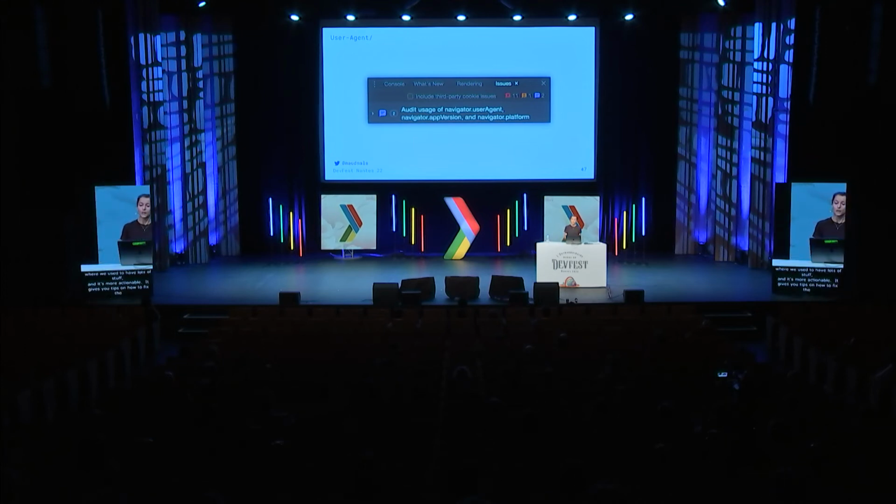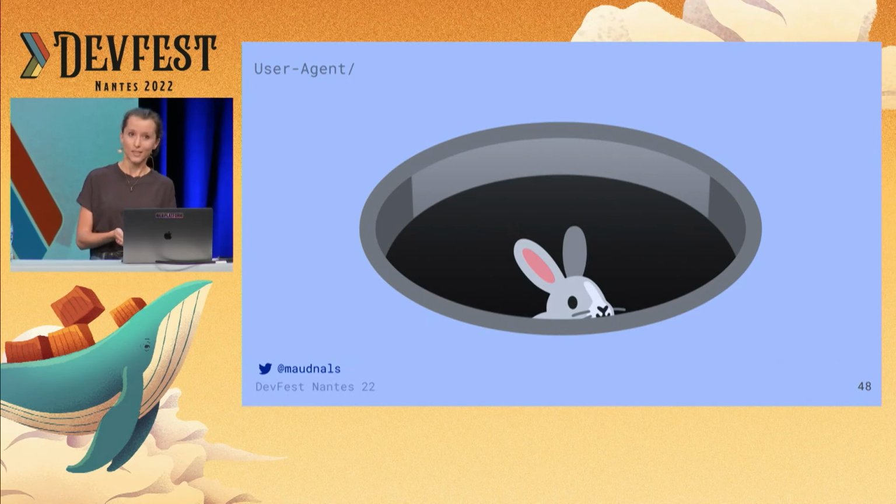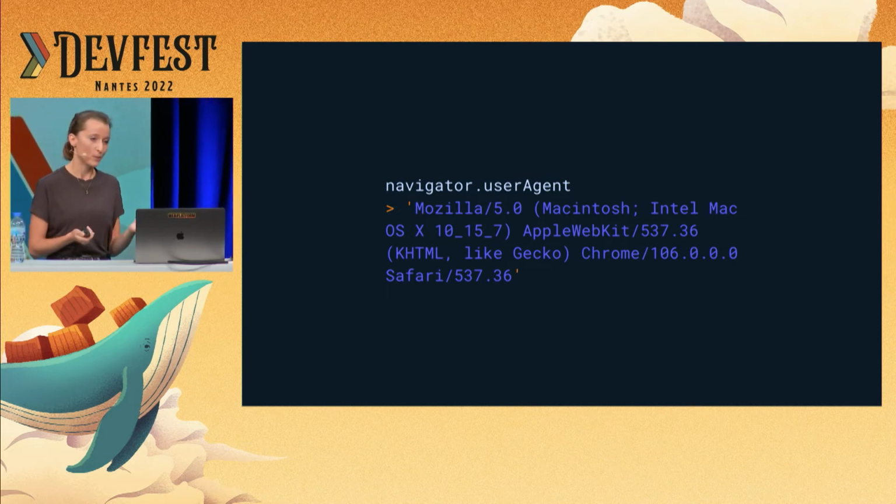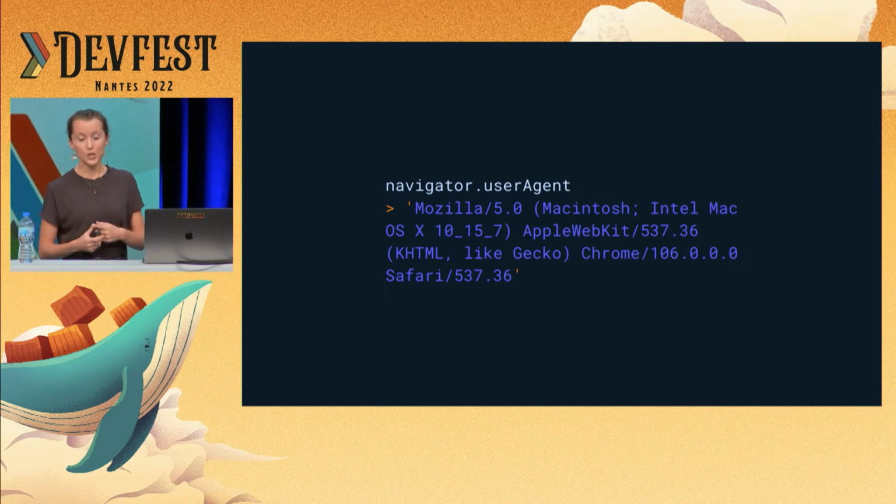So DevTools is going to tell me there's something with your user agent here. And so this is where our rabbit hole is going to start. The user agent string contains a lot of information. And it actually contains too much information, because our user agent string, but also the fonts we've installed locally, the way your browser renders canvas elements, and so on.